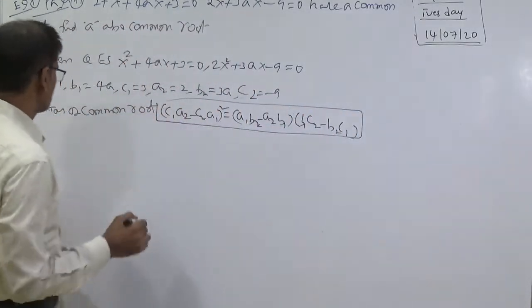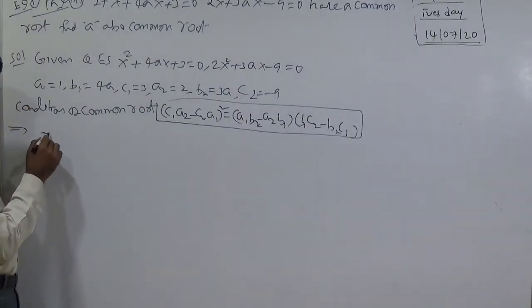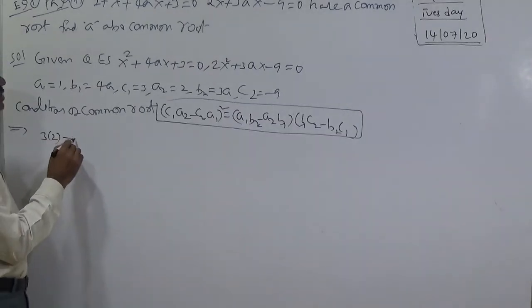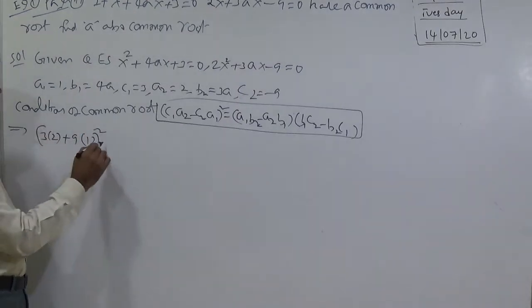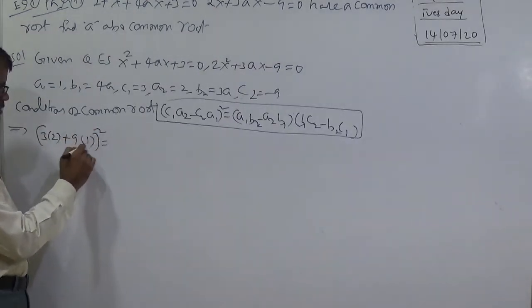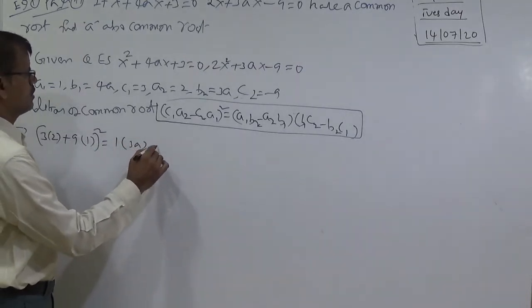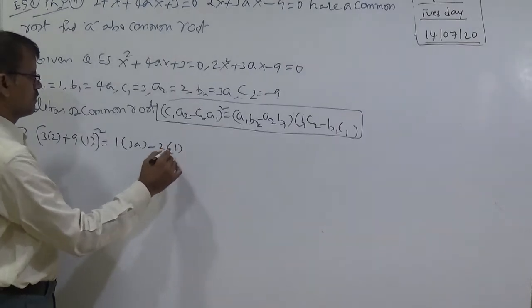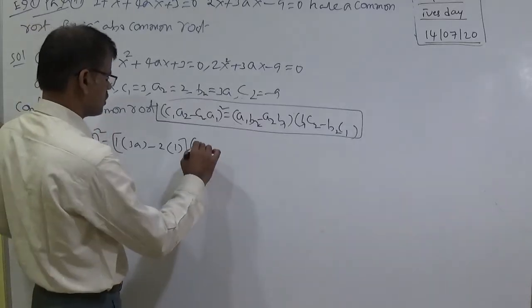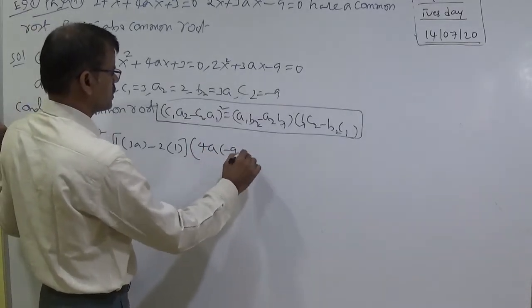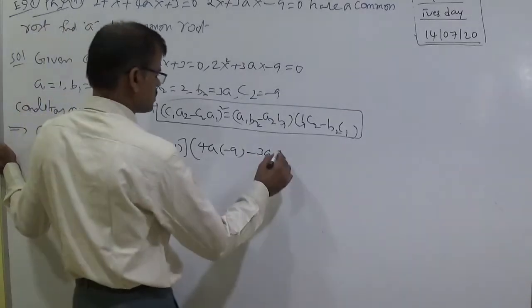Put this in a box and apply the values I have written. c1 a2: 3 into 2, minus c2 a1: minus of minus becomes 9 into a1, which is 1, whole square is equal to, this is 1 simply, a1 b2: 1 into 3a, minus a2 b1: 2 into 4a, into b1 c2: 4a into minus 9, minus b2 c1: 3a into 3.